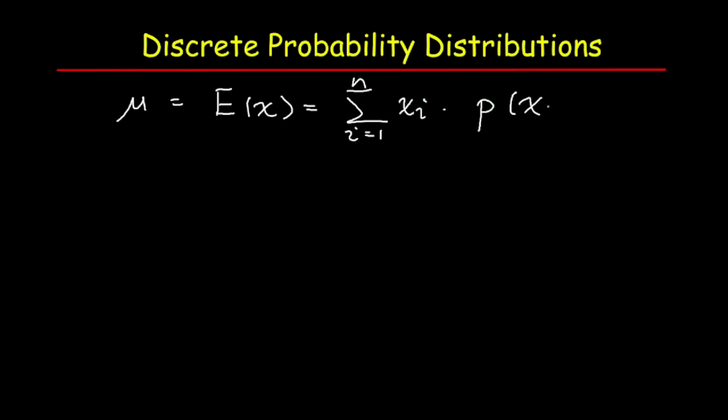Alright, so now let's go ahead and talk about the mean and expected value of a discrete probability distribution. The mean, also known as the expected value, is represented by mu, or E(X), and that's going to be equal to the sum from i equals 1 to n of xi times p(xi).